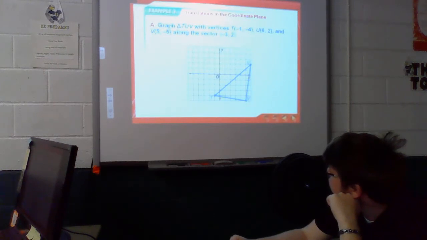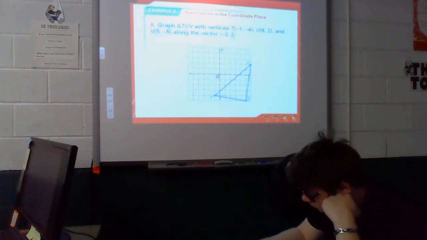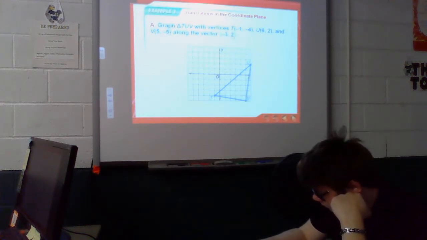So what is T prime if I start out at -1, -4, and I'm going to apply -3, 2 to it? What would my X value of T prime be? -4. What would my Y be? -2. Again, remember, I'm just adding those together. So here we had a negative and a positive, so essentially we subtract them, but we're adding them together.